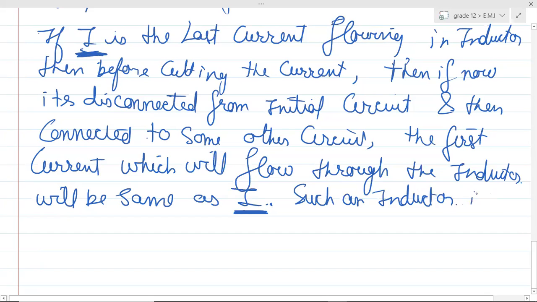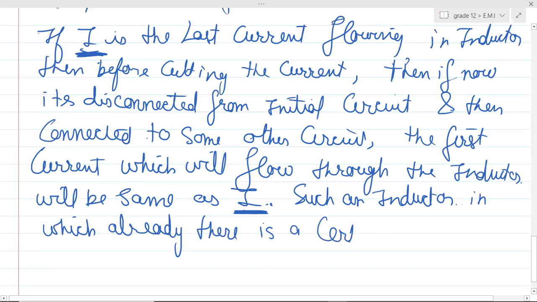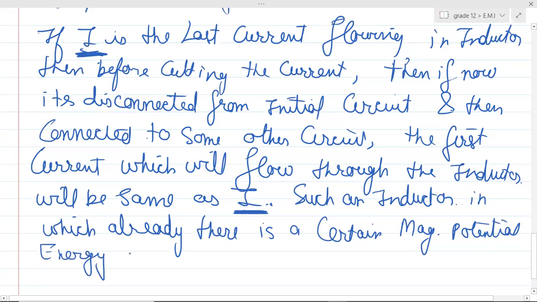Such an inductor in which already there is certain energy stored. And which kind of energy, guys? Is called an active inductor.